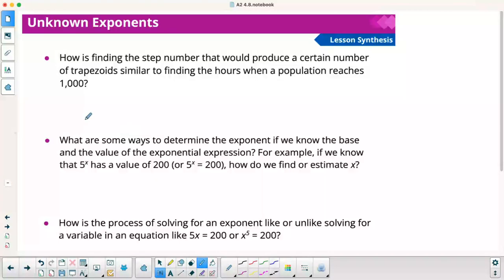All right, how is finding the step number that would produce a certain number of trapezoids similar to finding the hours when a population reaches 1,000? How are they similar?